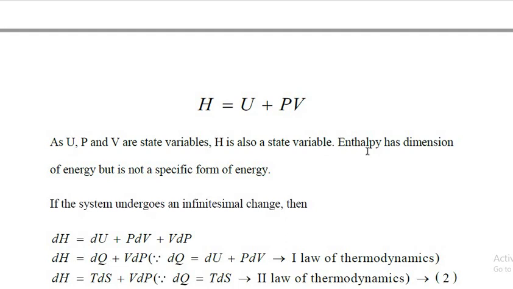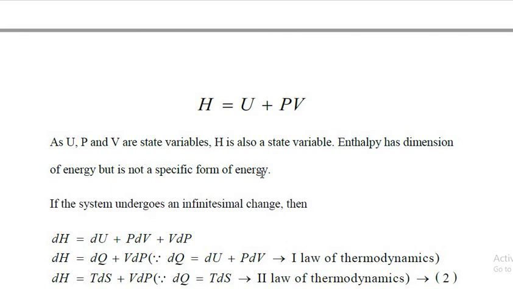Okay, and enthalpy has a dimension of energy, but it is not a specific form of energy. In the beginning I said thermodynamic potentials are similar to potential energy. So enthalpy has the dimension of energy, but it is not a specific form of energy.